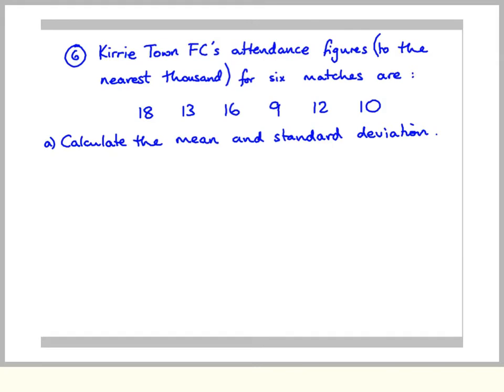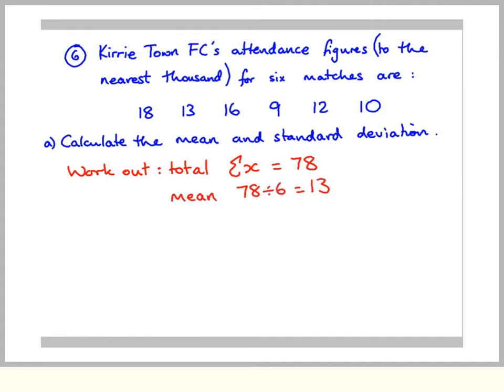That and that need to be put into the correct context, a coordinate point. Alright, so this is a fairly standard question where you have to work out the mean and the standard deviation. First things first, add them all up. Now I've written sigma x, that's the sum of all these numbers here. The mean is when you divide this total by the number of numbers you've got.